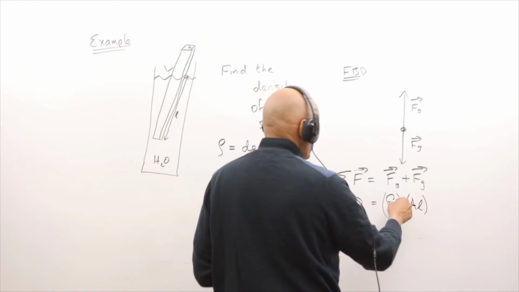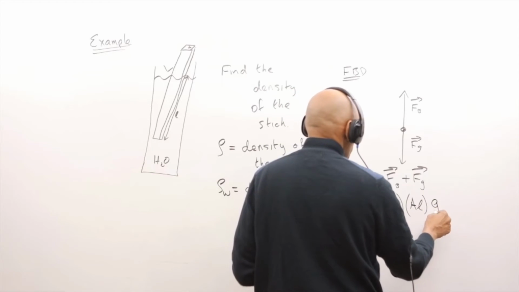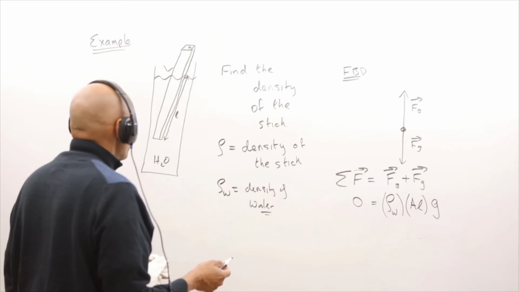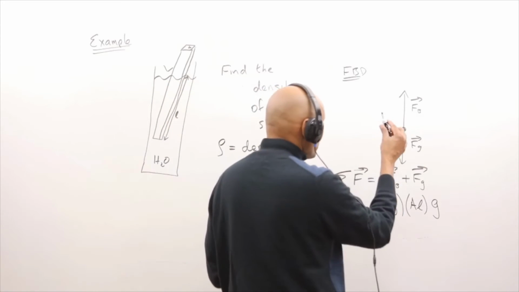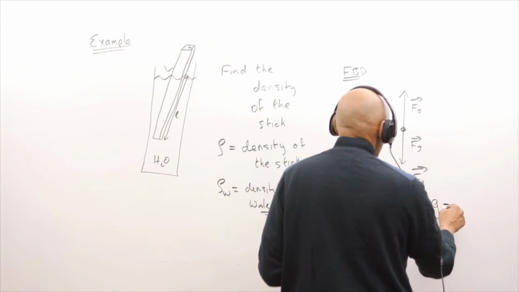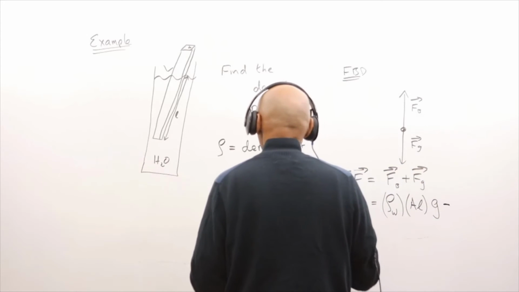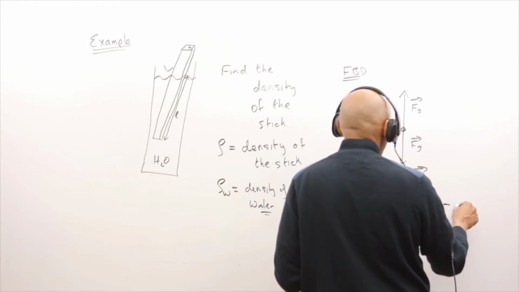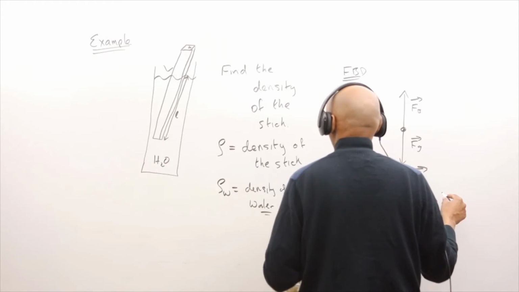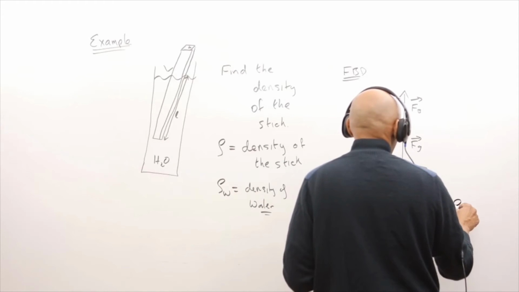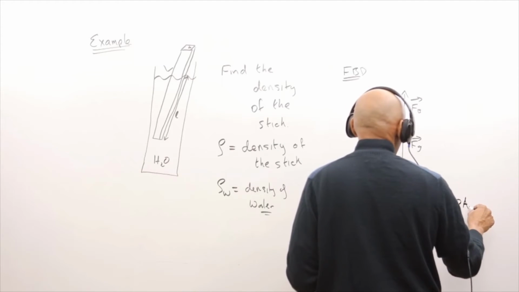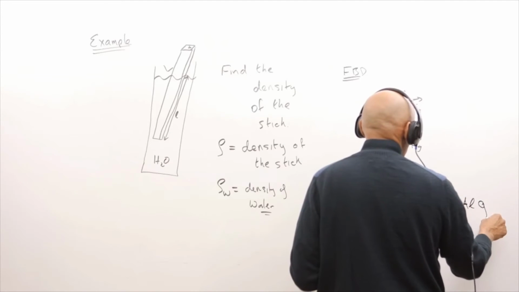So this is the mass, times g, the gravitational acceleration at the Earth's surface. So this is the force that's pulling up, minus the force that's pulling down, and that's really mass times gravity. But the mass of the object is given by the density of the object, which is rho, times the volume, which is area times length, and this is the mass, times g.